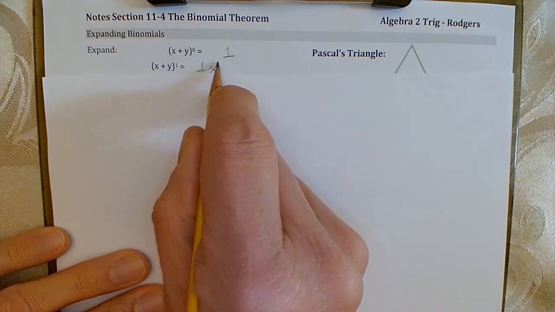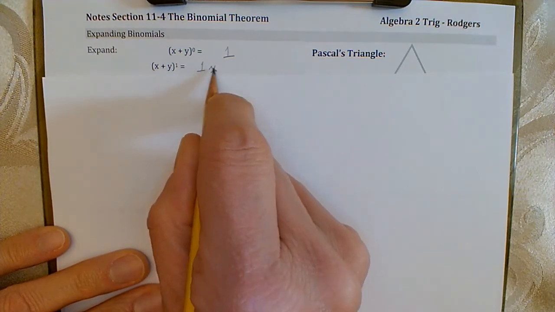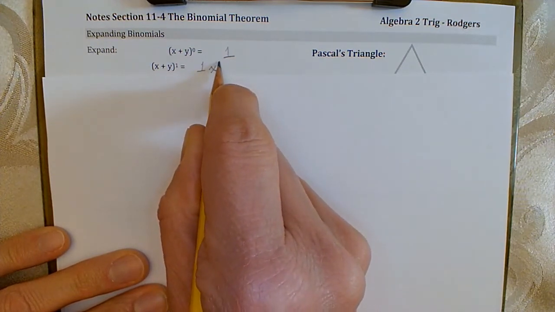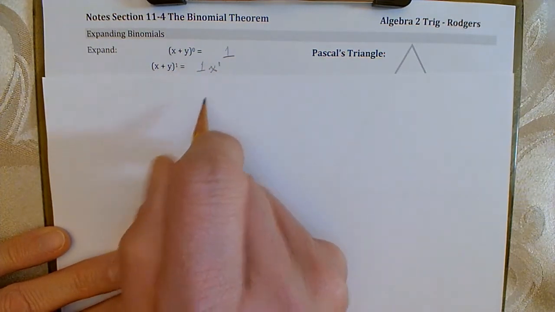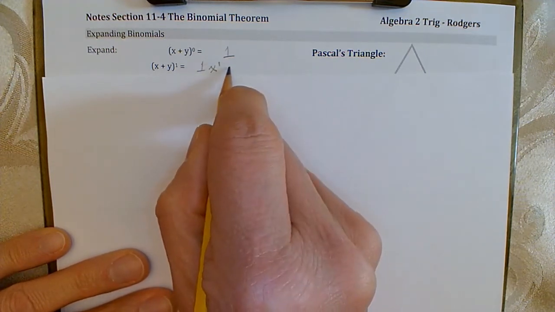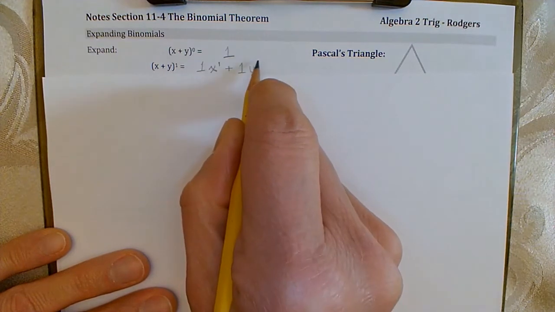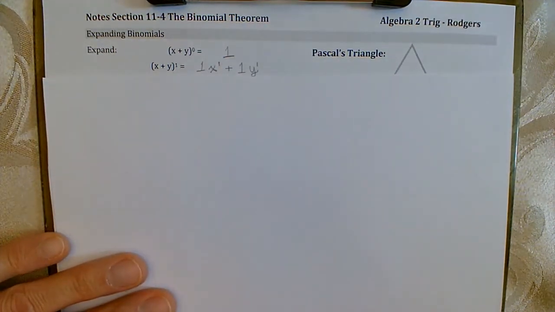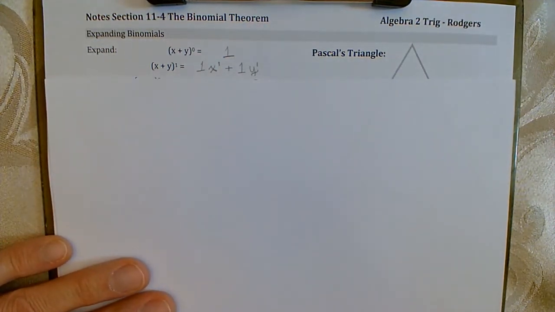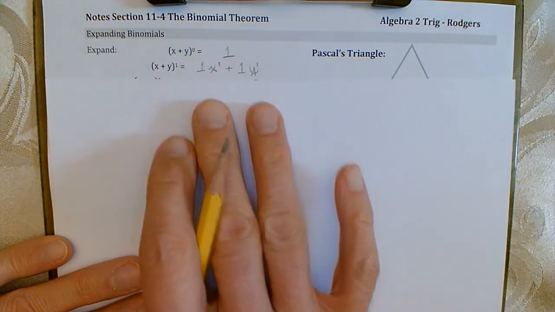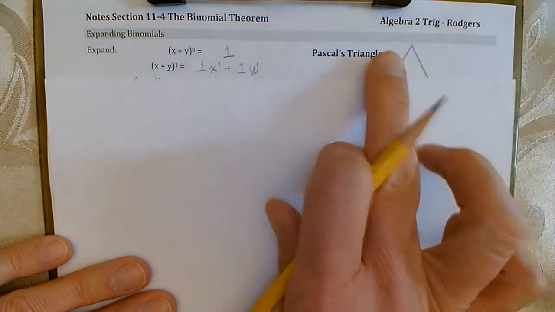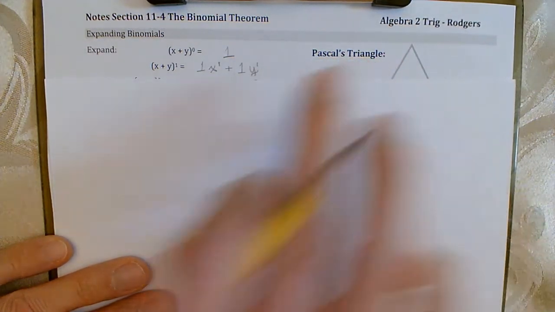So in this case, it's going to be 1, which normally we wouldn't include, x to the, and then we also probably wouldn't normally include the 1, but I'm going to here, plus 1, and then y to the 1. Okay, so try when you're writing these out also to keep them all centered. It'll make sense why in a minute when we come over to this and we use the Pascal's triangle.